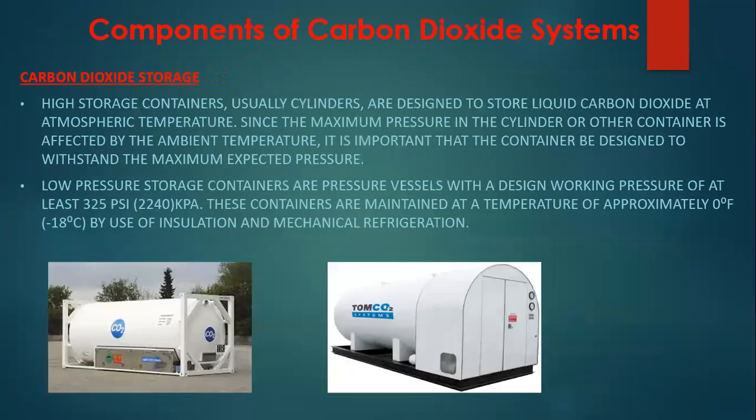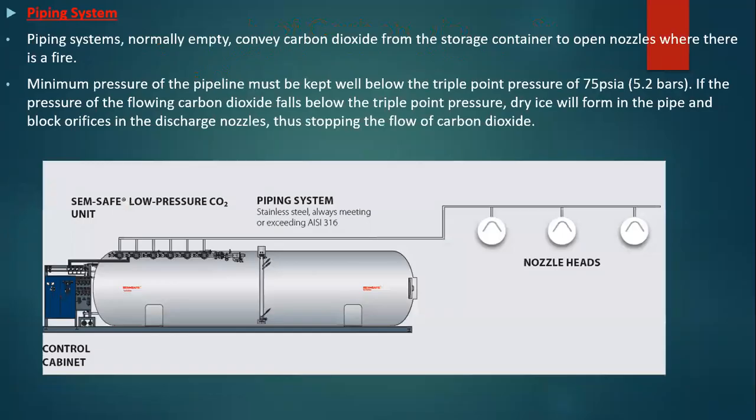So low pressure storage containers, where the pressure should be maintained at least 325 psi. For high pressure containers, we have to make sure of the quantity of carbon dioxide available. Then the piping system that we were discussing, and then the nozzle heads.